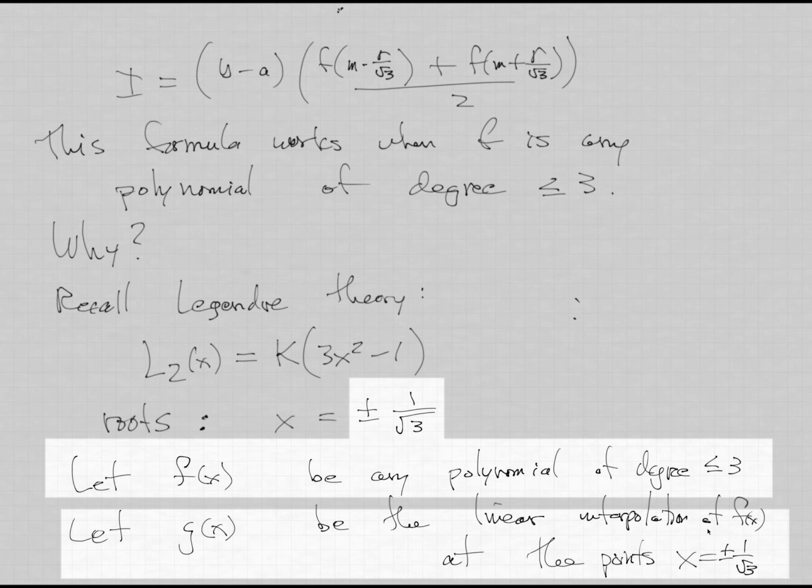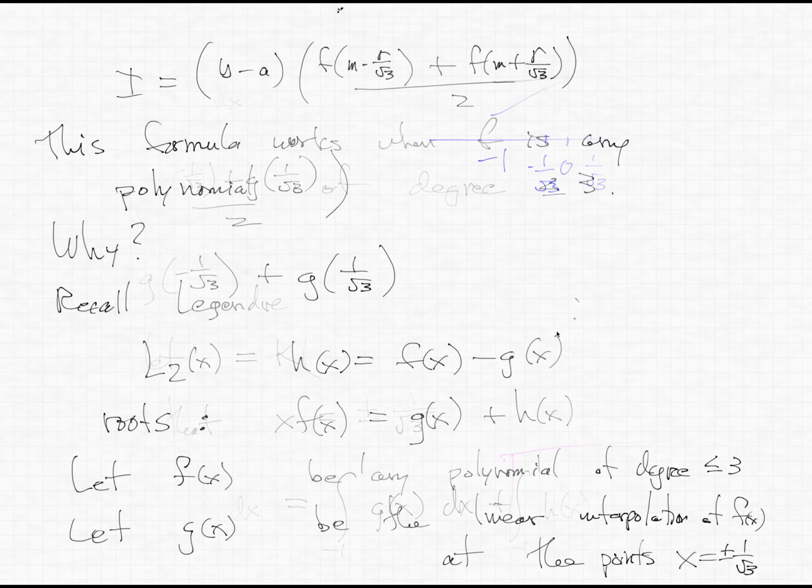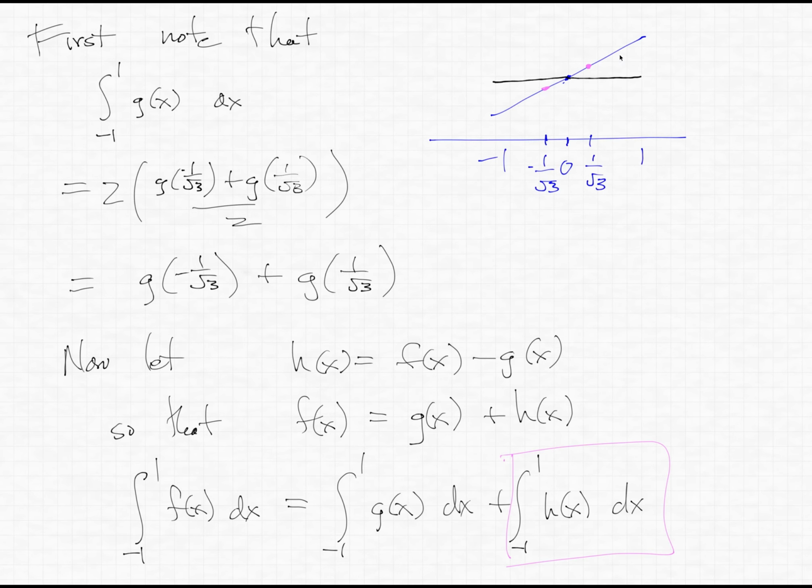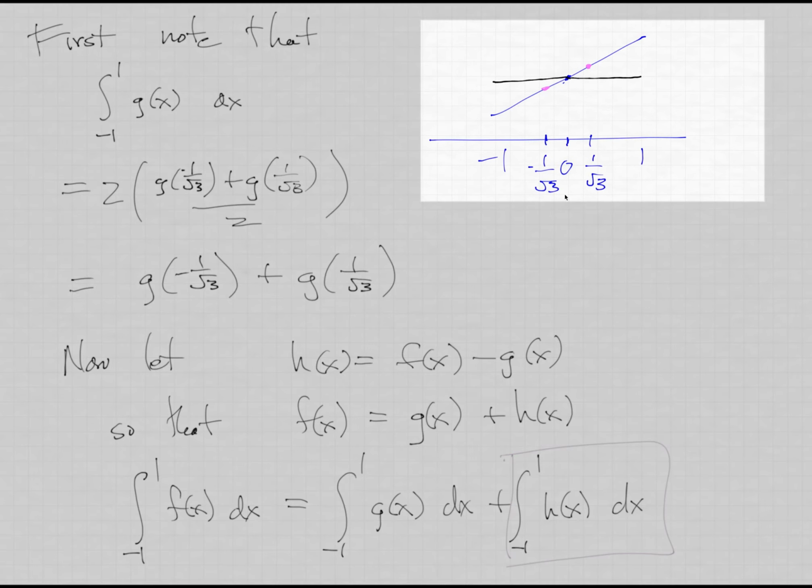Then we sample the function f at these 2 points, plus or minus 1 over radical 3, and form the linear function that passes through those 2 points. So g is the linear interpolation of f at those 2 points. Now, here's a picture of g. You could say that g is the blue line.